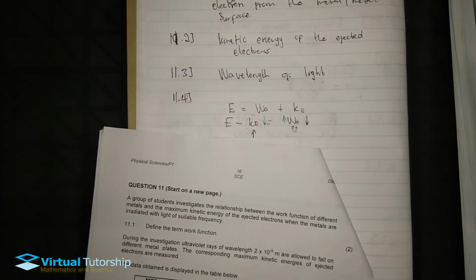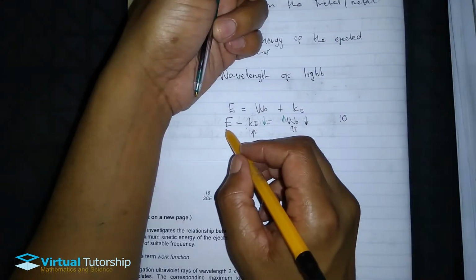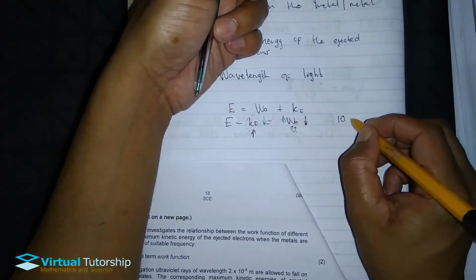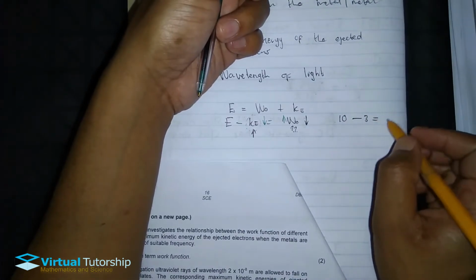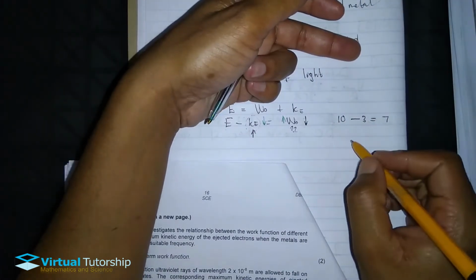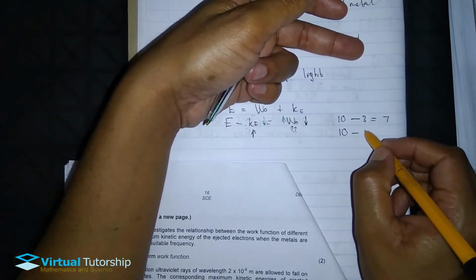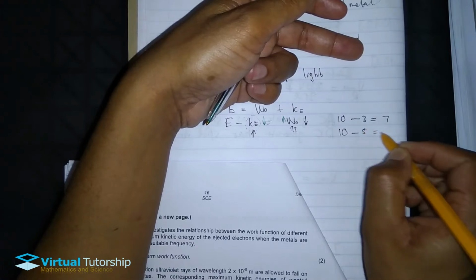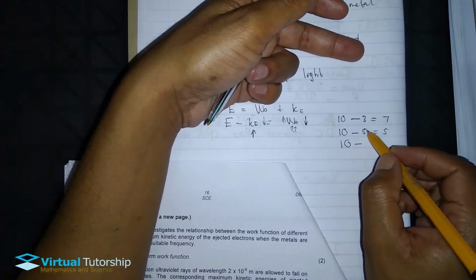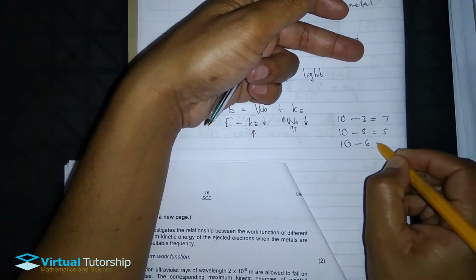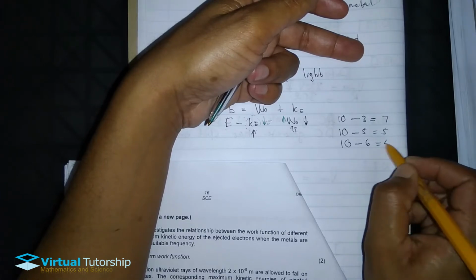So there's an inverse relationship. For example, with an energy of 10 subtract say 3, the work function is going to be equal to 7. Again, with a kinetic energy of 5, the answer is going to be 5. With an energy of 10 subtracted by 6, my work function is going to be 4.